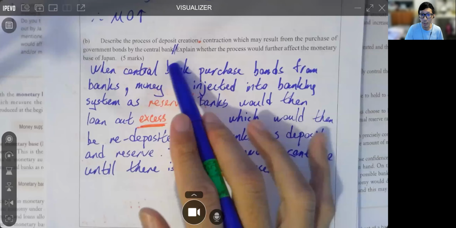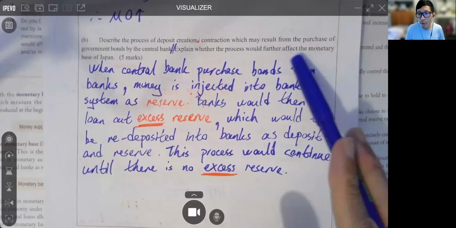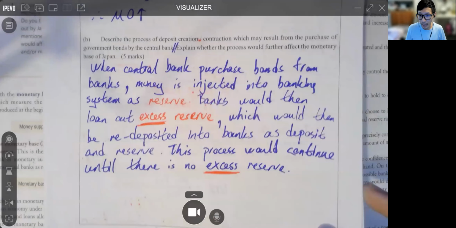While for part B, the process of credit creation, remember? In the credit creation process, we found that reserve never changes. Explain whether the process will further affect monetary base.